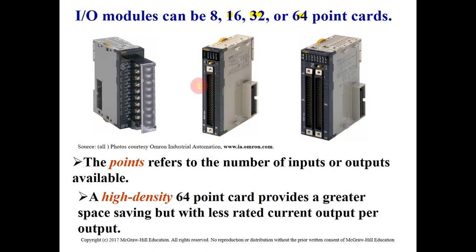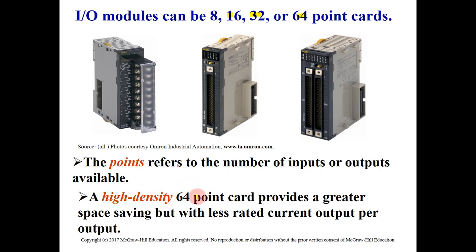So it depends on how big your PLC system is. So you are going to select the reasonable or suitable size of the input output modules. For example, the small one has 8, the big one has 32, I mean 64, and so on.